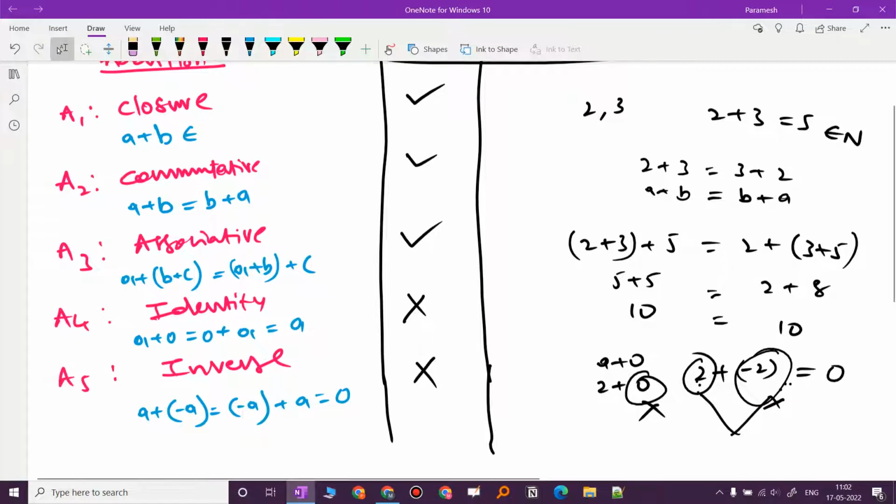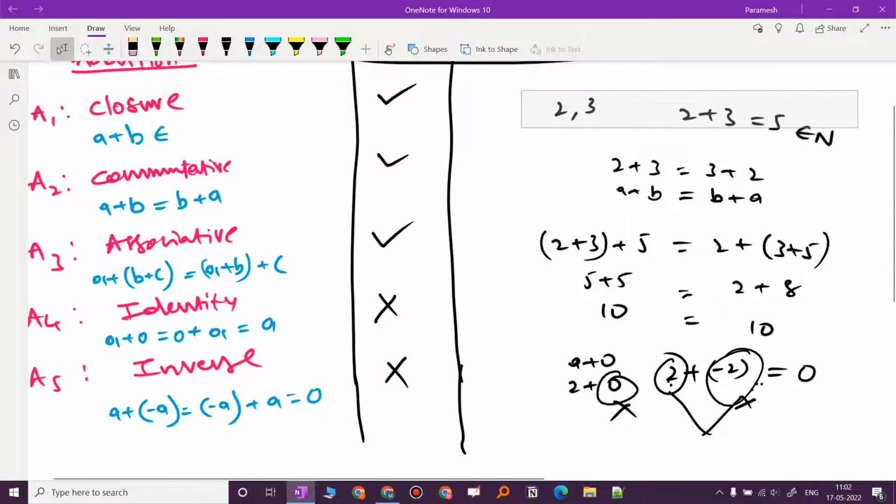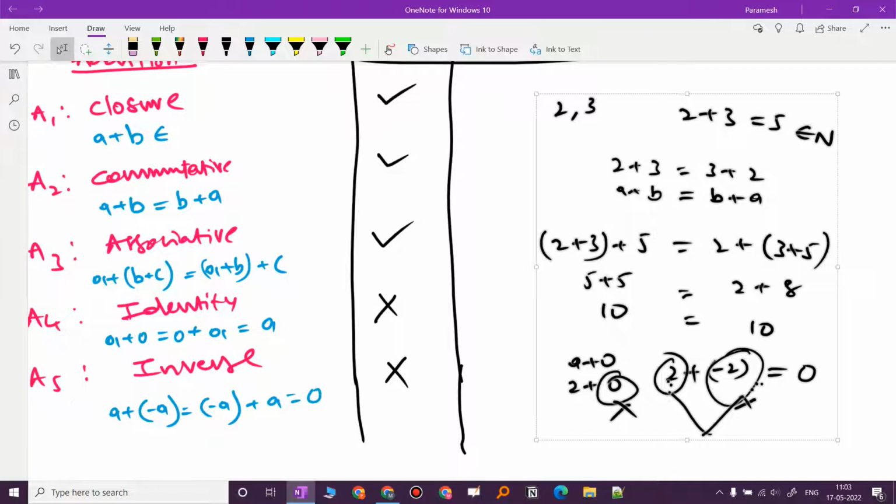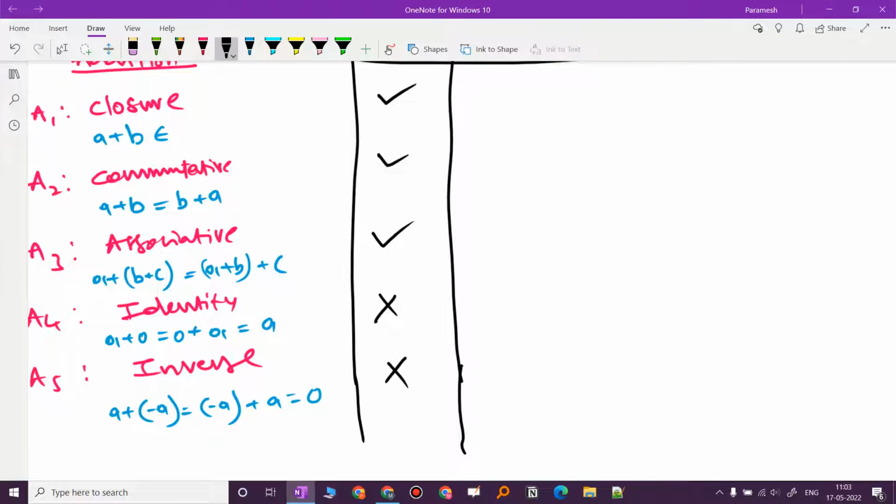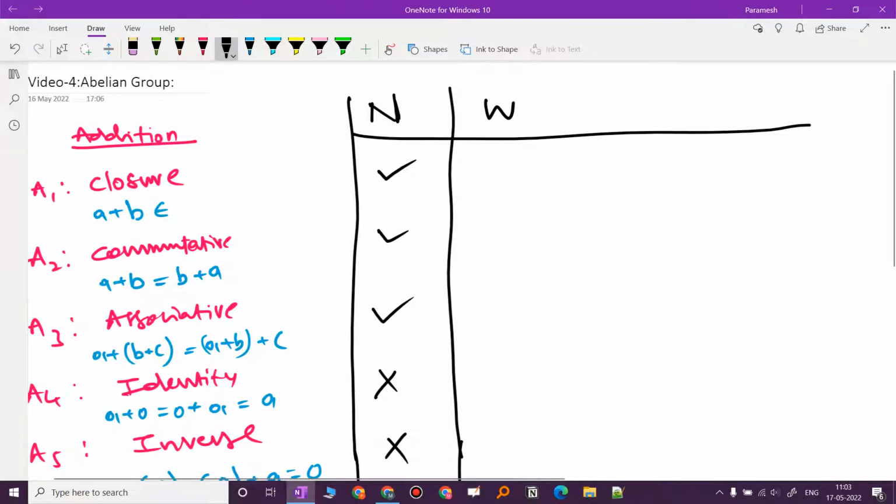Next, the whole number set. Whole numbers have an extra 0 along with the natural numbers, so a plus 0 works.